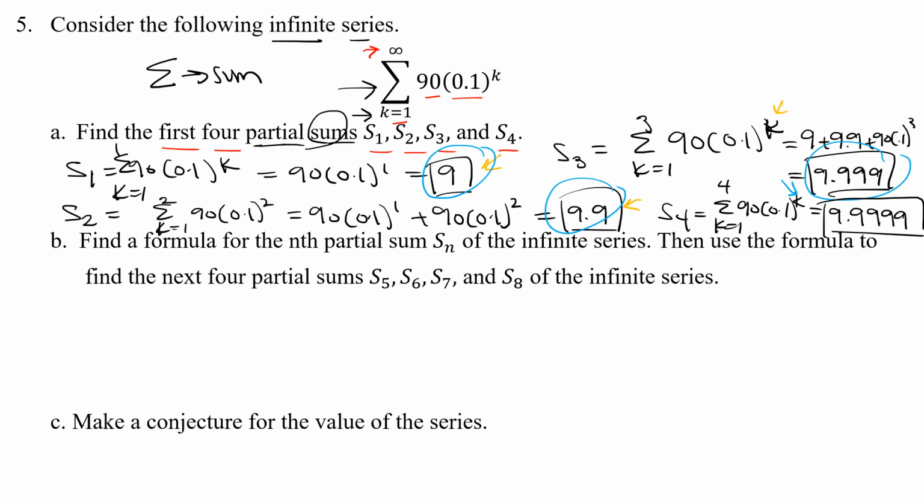All right, so now let's see if we can figure out what's the formula that we can use so that we can find the nth partial sum, okay? Well, if we take a look at our patterns here, let's take a look at S sub 2. So what did S sub 2 look like? Well, it was equal to 9.9.